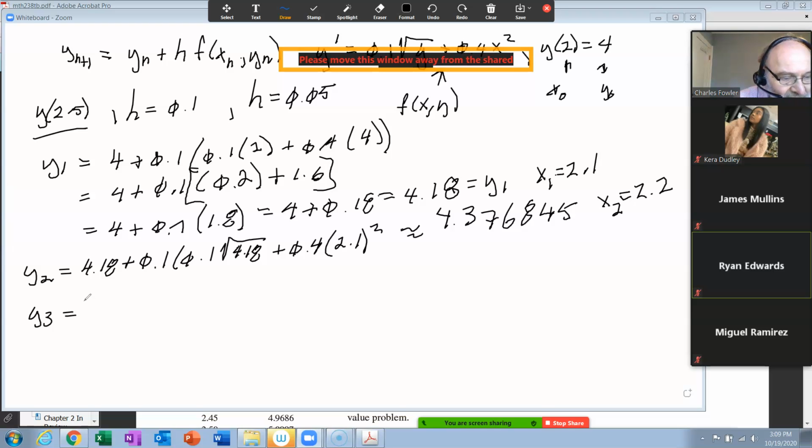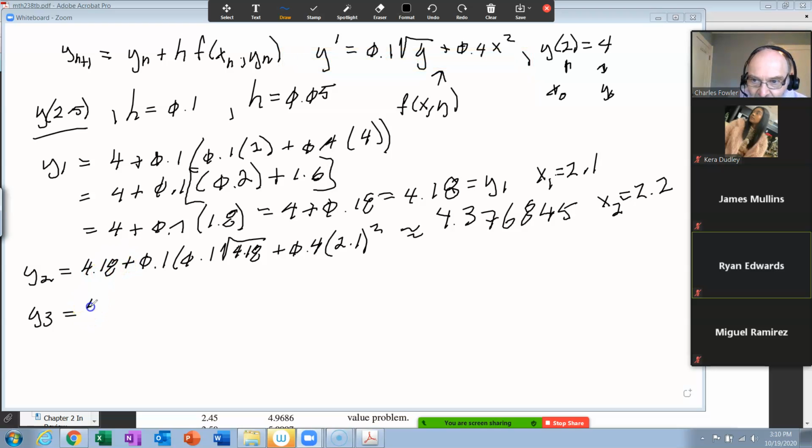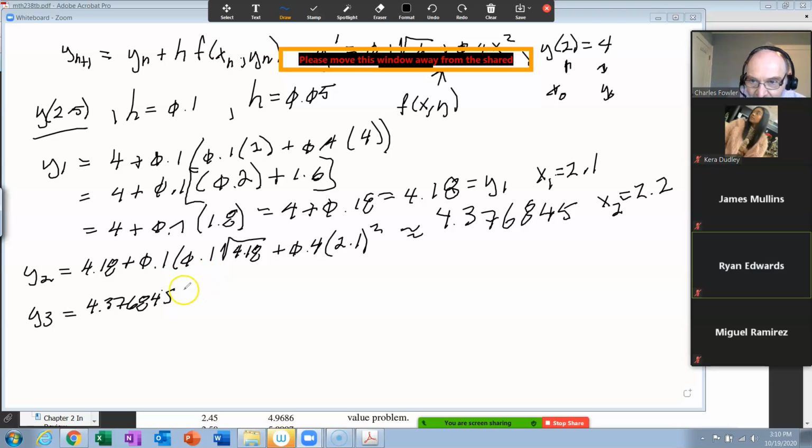4.3, they rounded 4.3768. Yeah. Okay, so that would be my y2, which is 4.376845. Now, normally I wouldn't carry around that many digits, but I'm going to do it now.